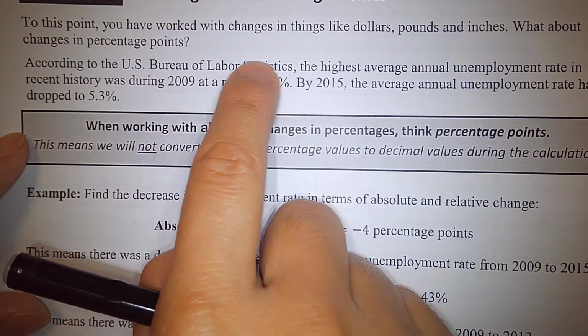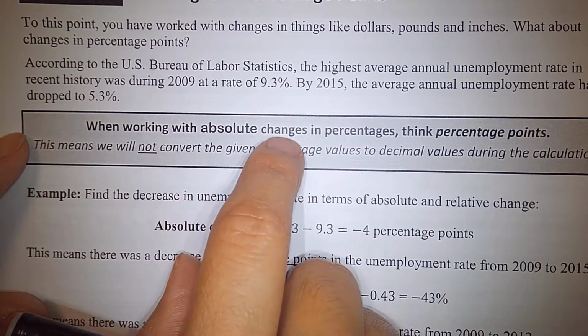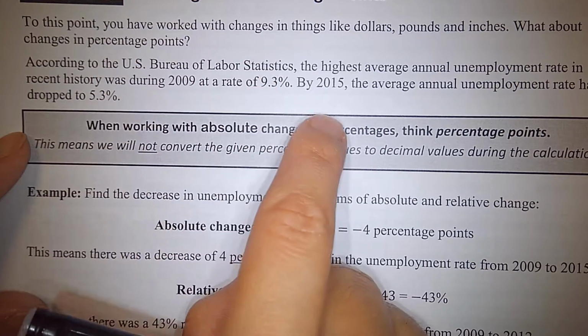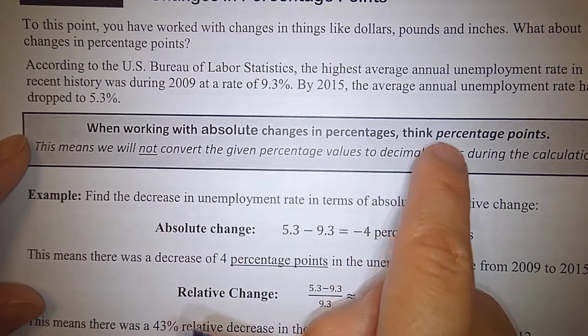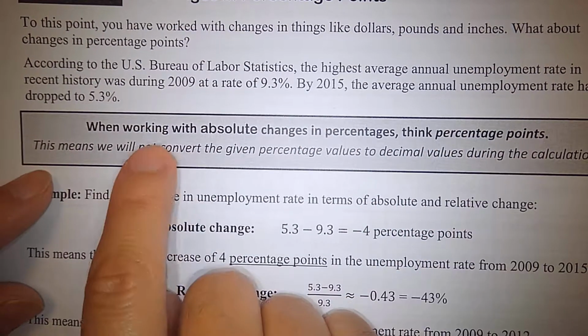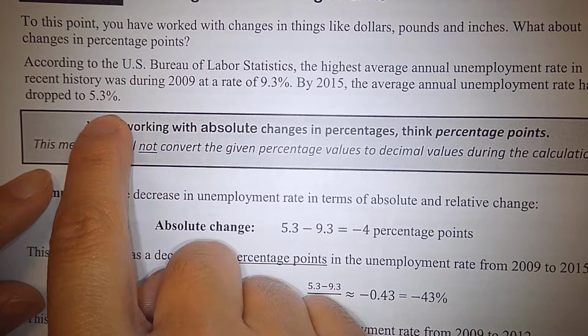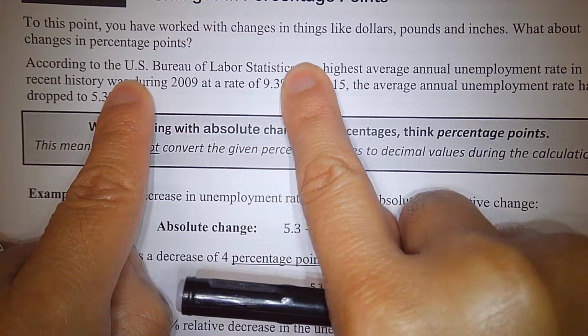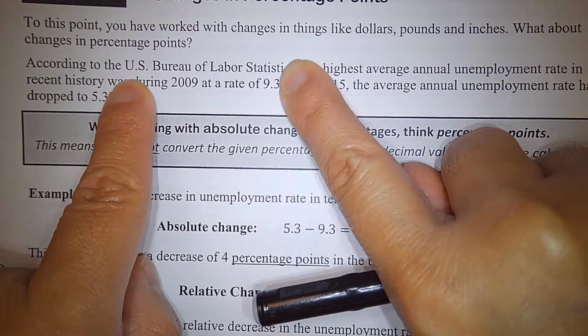Okay, however, when we do the absolute changes with percentages, the given initial values are percentages, we could think about using the percentage points by not converting the given percentage to decimal values, but just use what? These numbers without the percentage sign.